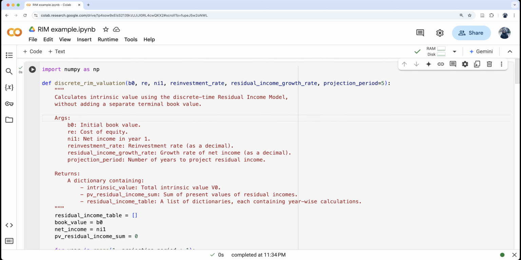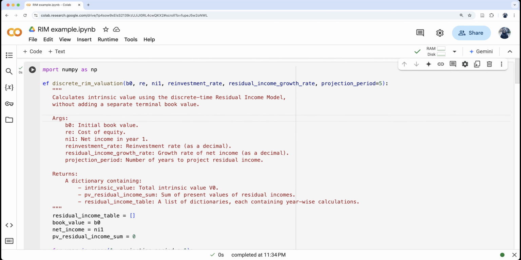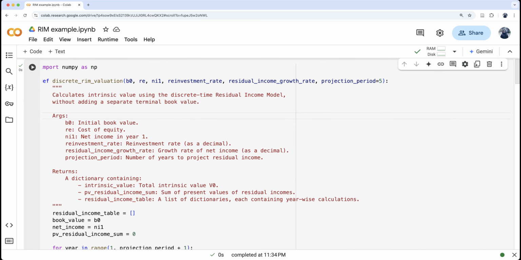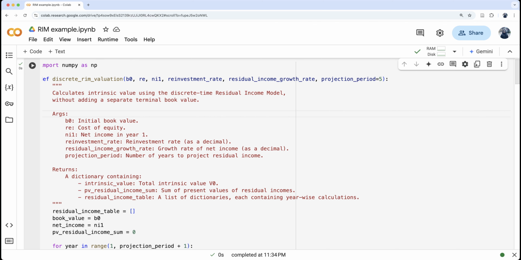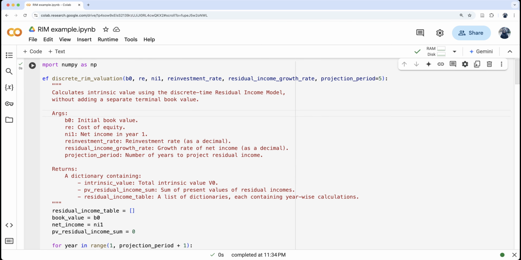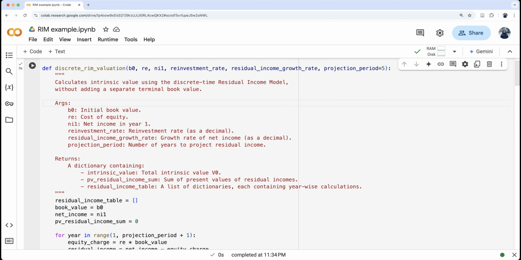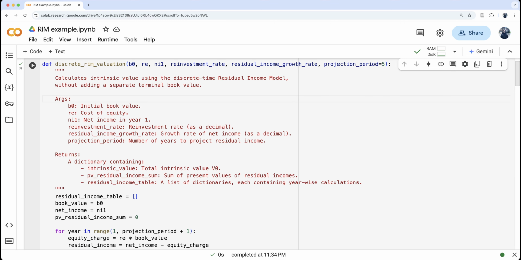So the arguments: B0 is initial book value, RE is cost of equity, and I1 is net income in year 1. At least we know how much we will make this year. Reinvestment rate is a decimal. Residual income growth rate is the growth rate of net income.